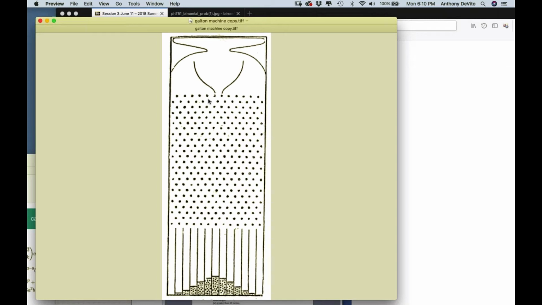If it does nothing but make lefts, it's going to go into this last tube. We know from probability that if it's a 50-50 chance left or right, going through 20 rows of pins, it's not very likely it's going to make all left turns and wind up in this tube, or make all right turns and wind up in this tube.